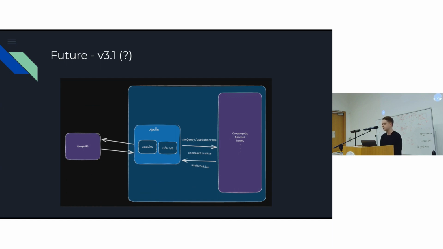Like I said, Apollo provider is very similar to Redux, so we can take the white app module that is right now inside Redux and put it in the Apollo provider. And we use this with the useReactiveVar.